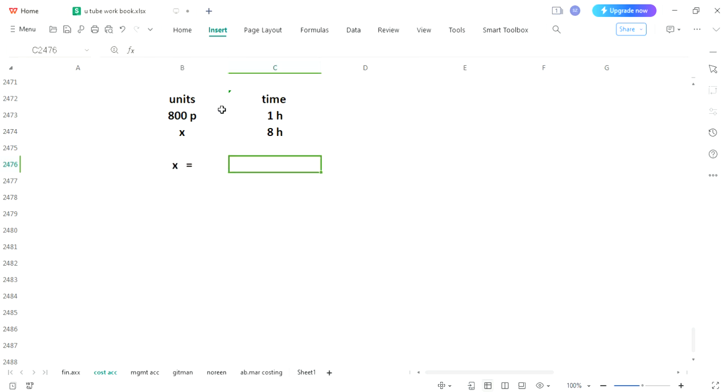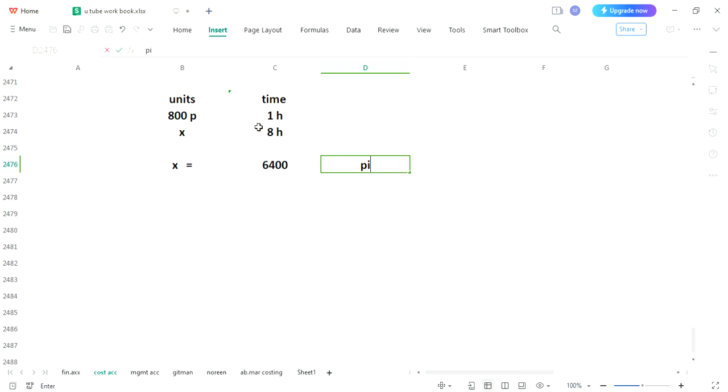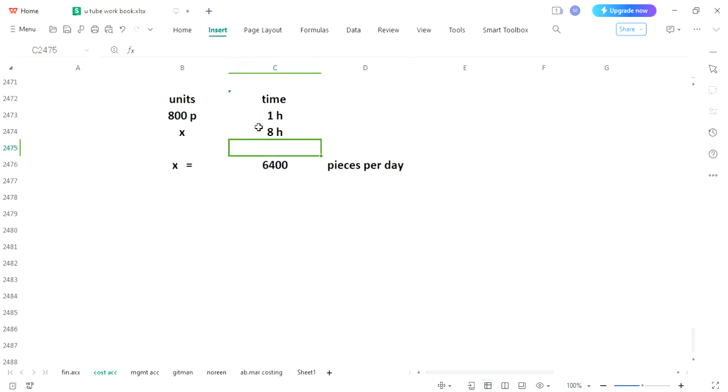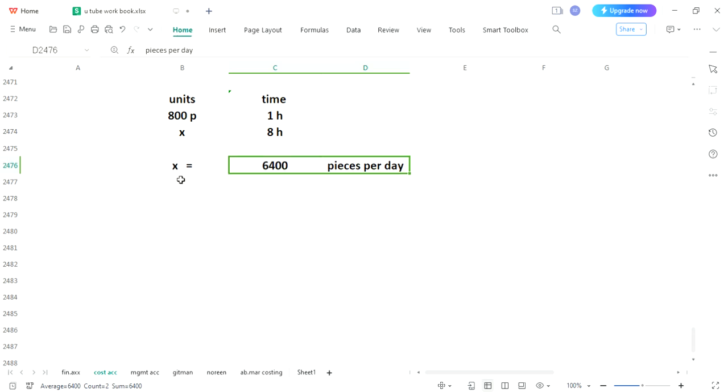On the right side, 800 would be multiplied with 8. 800 multiplied by 8 gives the number of pieces per day, calculated as 8 hours in a single day. So that is our first standard which we have set, and now we will see what next we can do.